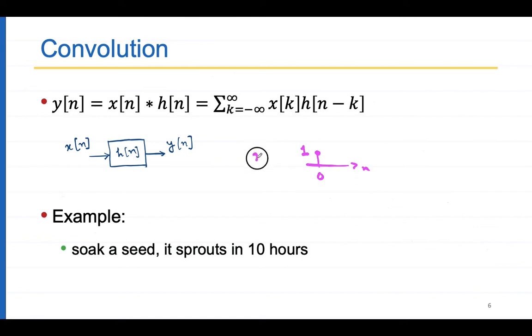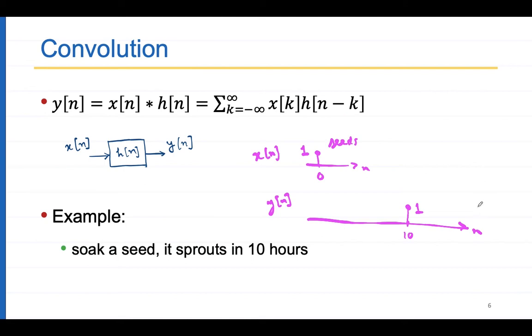This is my x. So I soaked one seed, and what will be the output? After, let's say, 10 hours, I see the seed sprouts. I see one seed sprouts.